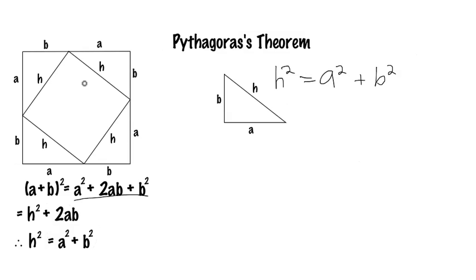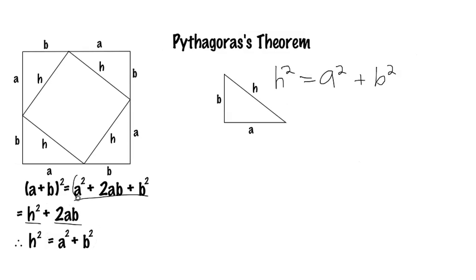Another way to think about the same area, it's the area of the inner square plus the combined areas of these four triangles. What's the area of the inner square? It's just h squared. Each of the individual triangles has a base of length A, a height of length B, and it's a right triangle. So for each of these triangles, its area is a half AB. Add the four together, you get 2AB.